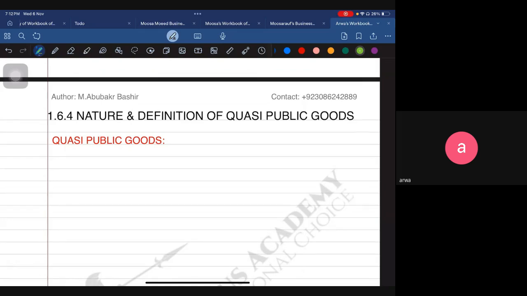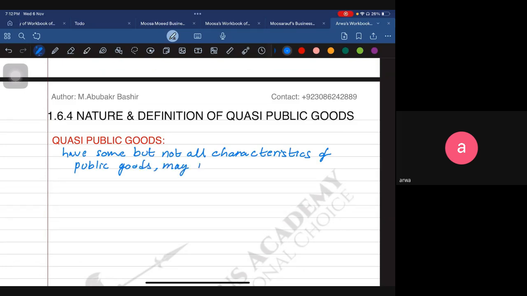Quasi-public goods are basically goods that have some but not all characteristics of public goods.